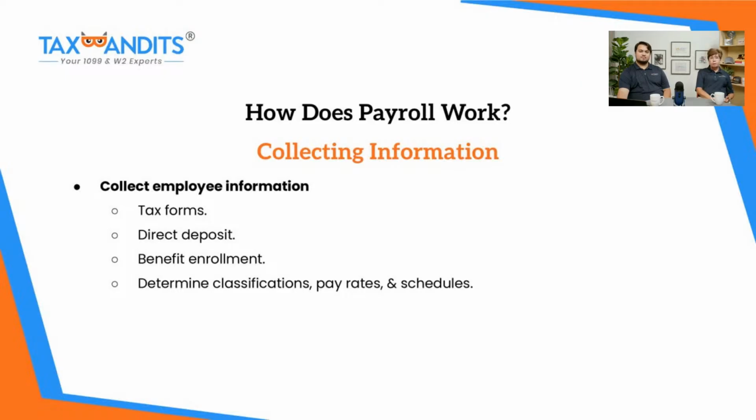If you offer benefits, you're going to have the employee enroll in benefits or opt out, but that's normally indicated on paper that they've chosen not to take advantage of the benefits. And then you need to determine the employee's classification, their pay rate, and pay schedule.